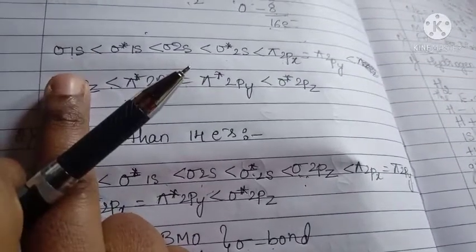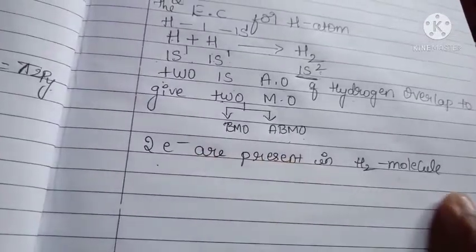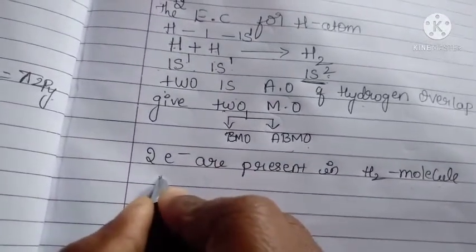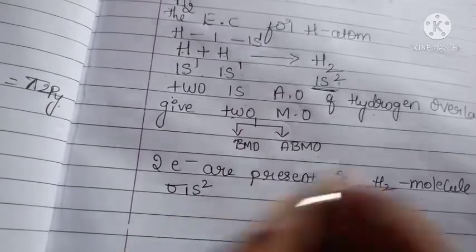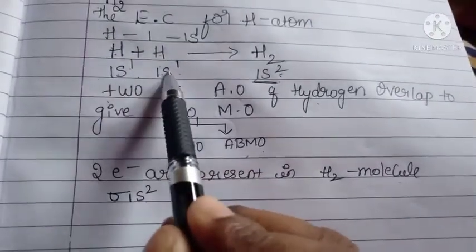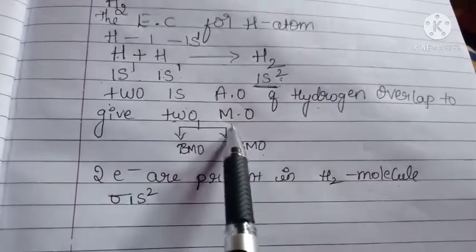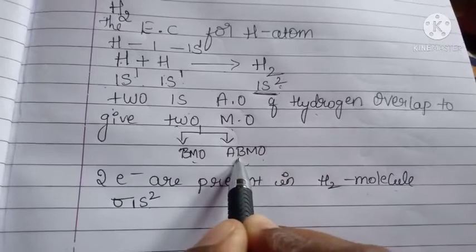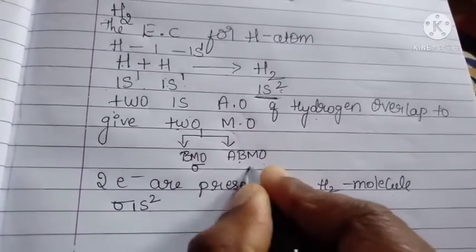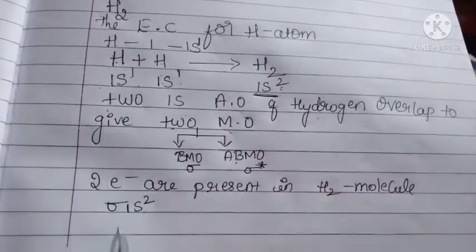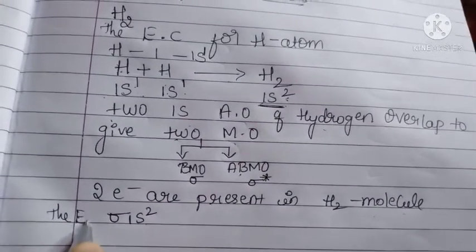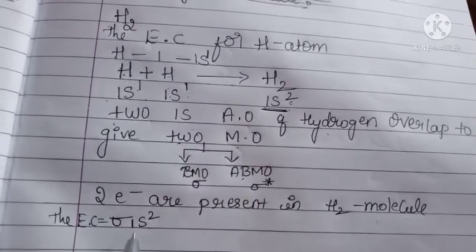Here 2 electrons are present in the hydrogen molecule, so the electronic configuration is sigma 1s2. There are 2 atomic orbitals combined to form 2 molecular orbitals, one BMO and another ABMO, that is sigma and sigma star.